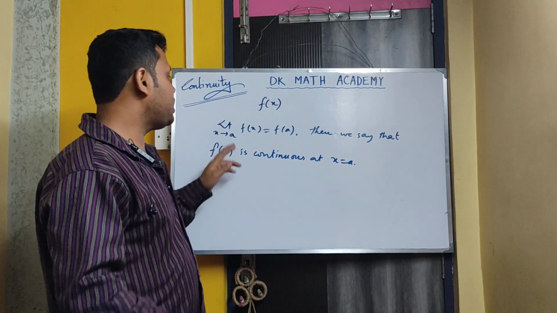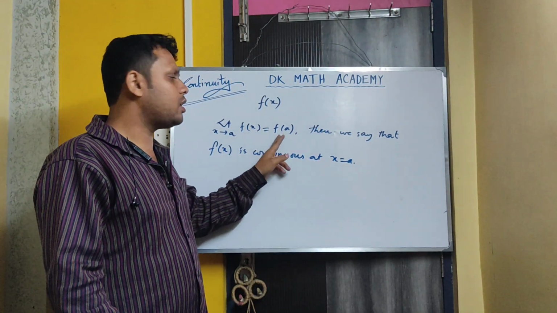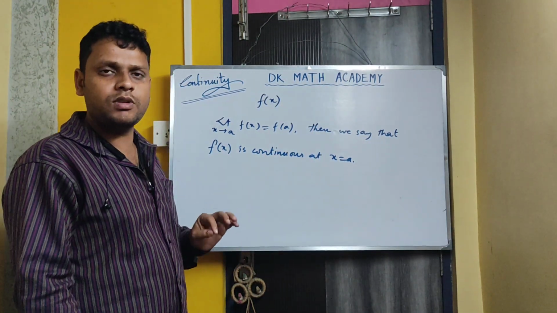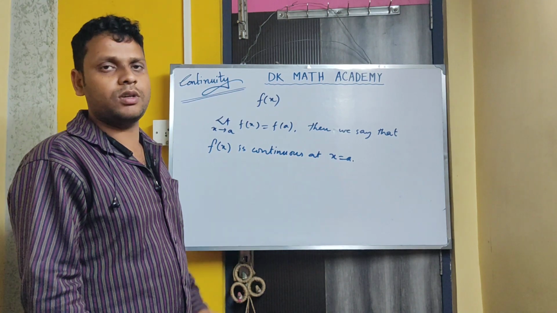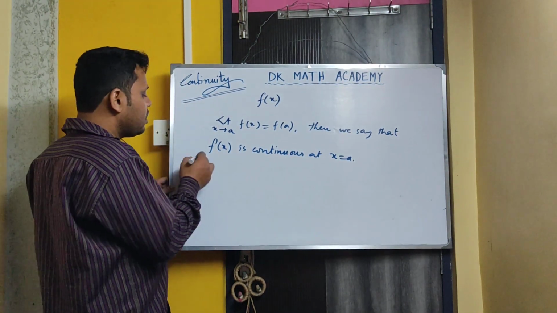So, if the limiting value of f(x) as x tends to a is equal to the functional value at the point x equals a, then f(x) is said to be continuous at the point x equals a. Otherwise, it is discontinuous at the point x equals a.